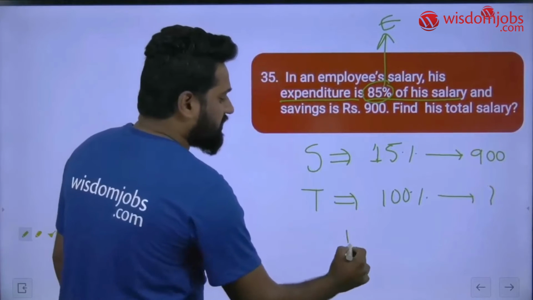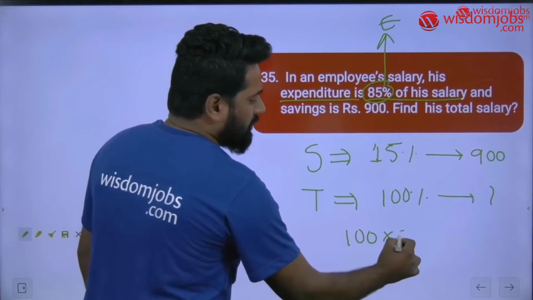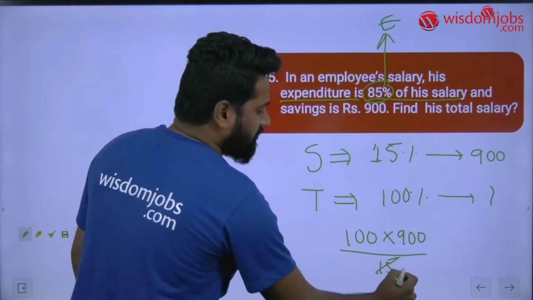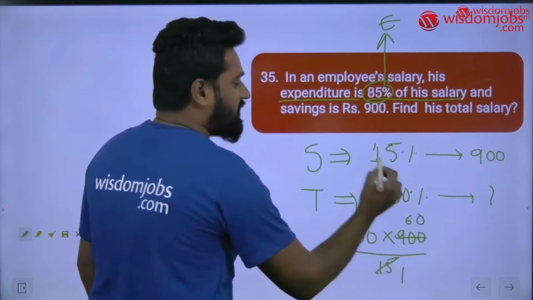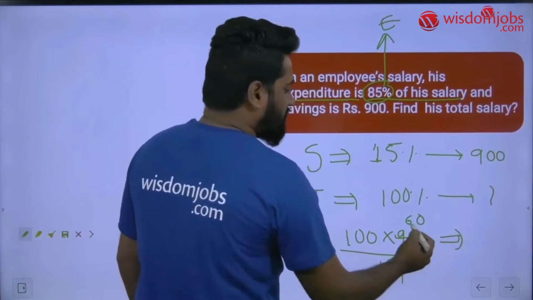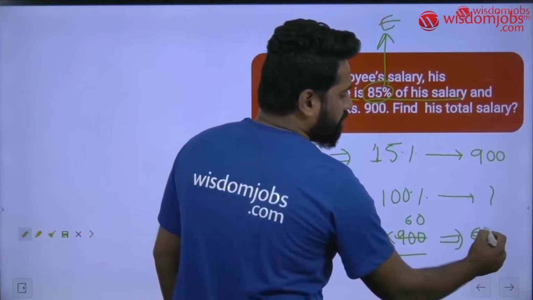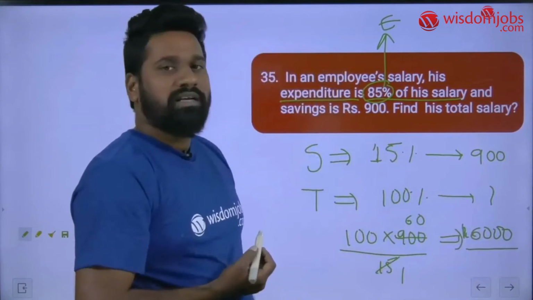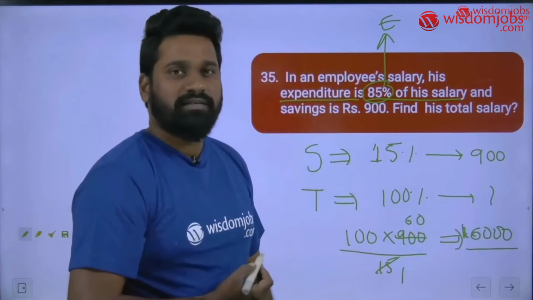Cross multiplication, you will get 100 into 900 divided by 15. So 15 ones are 15, 15 sixes are 90. So 60 is 900. What does the total salary become? 60 into 100, 6,000 rupees is the total salary. Is it clear?